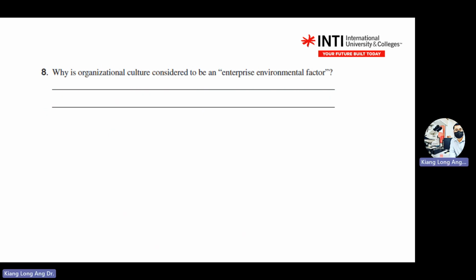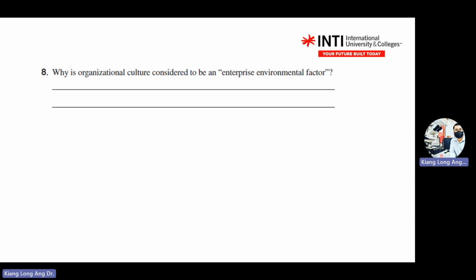Number 8, why is organization culture considered to be a business environment factor or enterprise environment factor? Why? Of course, this question is very unfair to engineering students. You have a wild guess.